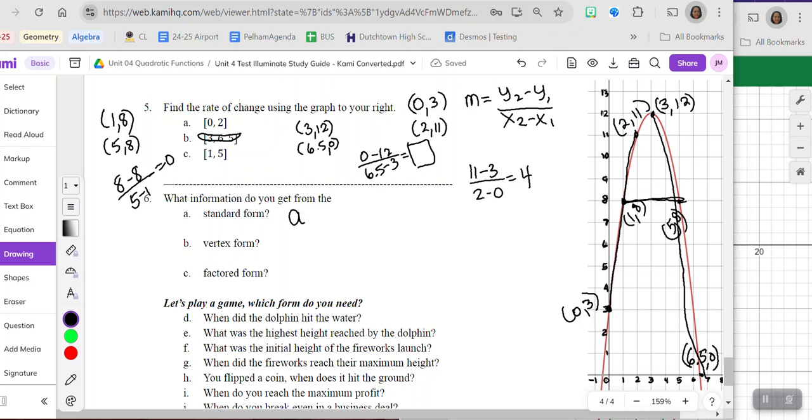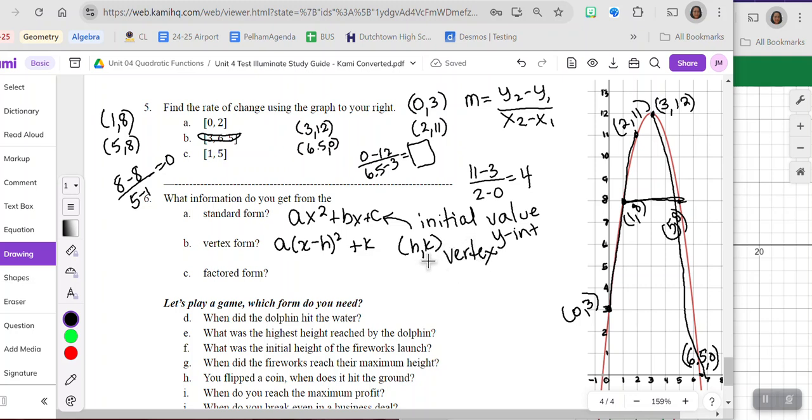So what information do you get from standard form? Well, when you're in standard form, this right here is your initial value, the y-intercept. When you're in vertex form, you get the h, k, which is the vertex.